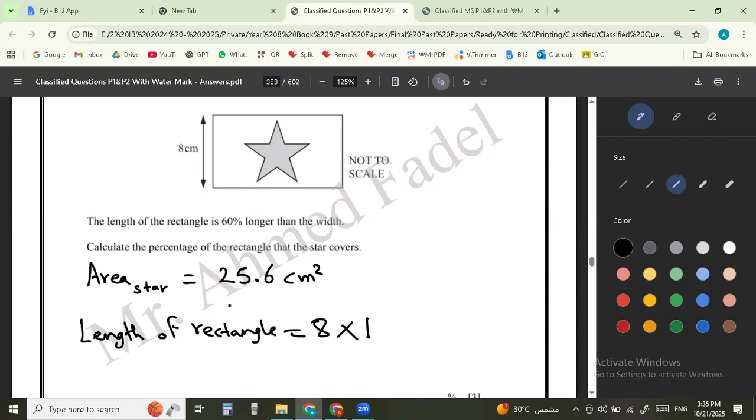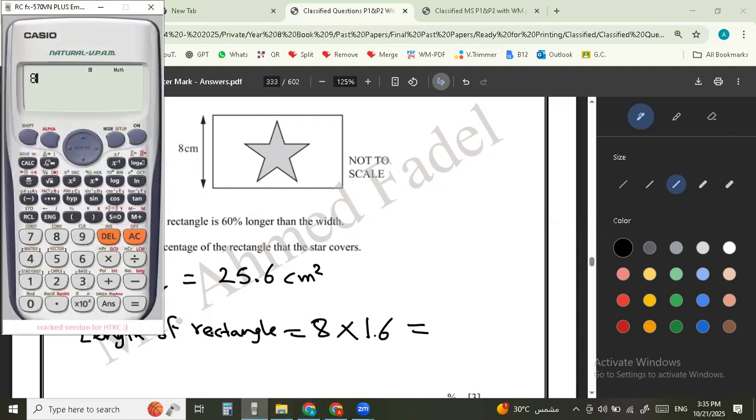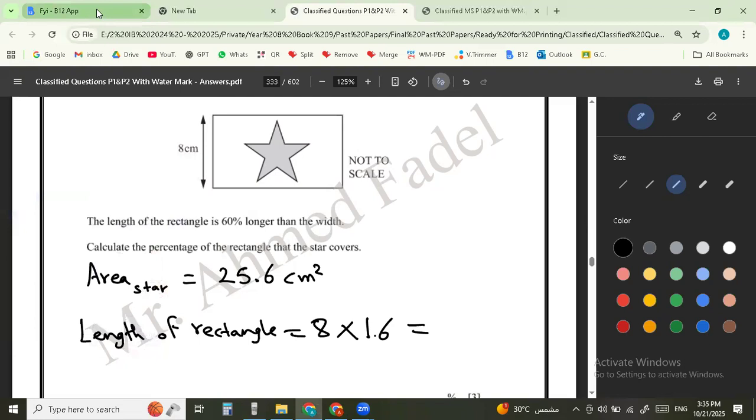It is 1.6. 160%, which is 1.6. The new length of the rectangle, 8 times 1.6, I found, mister, that it is 12.8. So 12.8 is the length of the rectangle. It's 60% longer than 8, so 8 times 1.6, the multiplier.